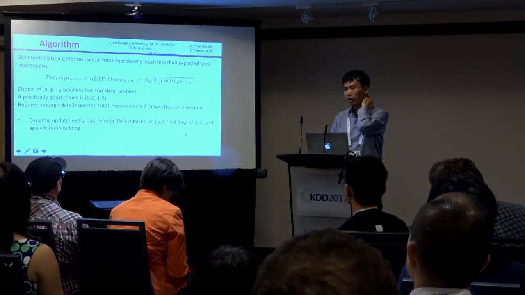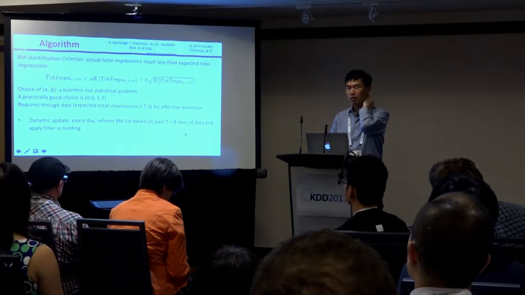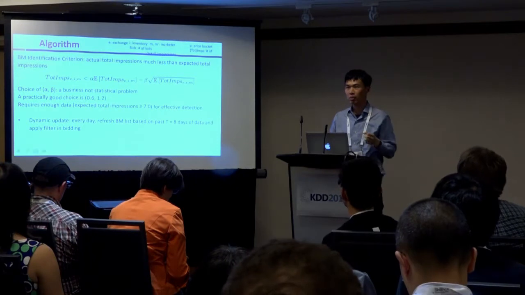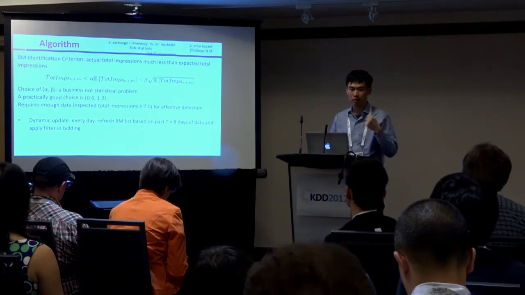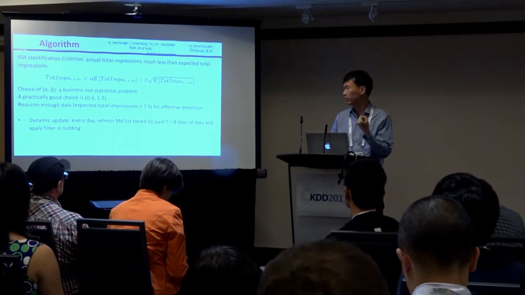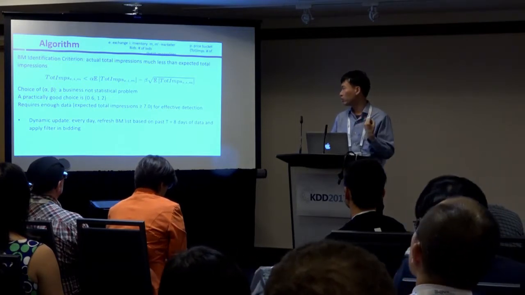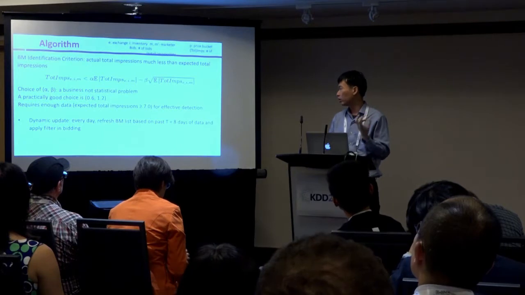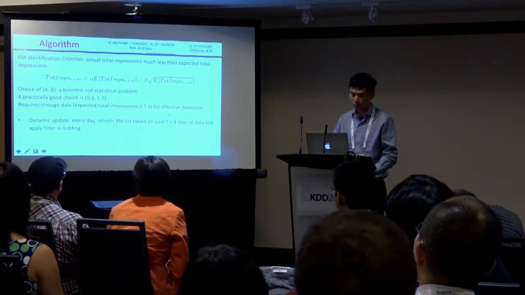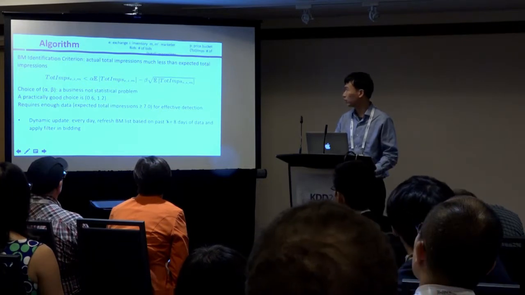Because if this number is too large, then we're going to be slow to react to changes in the blacklist, because a publisher may activate a blacklist and then a marketer may be removed from the blacklist, and things may change over time. So we want to react to that quickly. Therefore, this number cannot be too large. Also, this number cannot be too small because we want to have enough data.